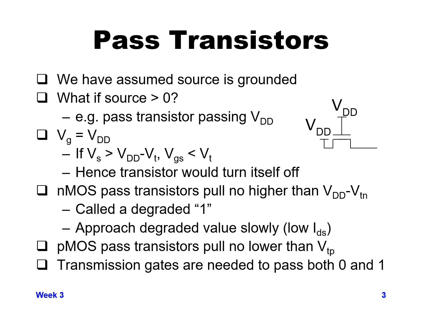And the final point is, as we approach that VDD minus VT value, it approaches that value slower and slower, because as it gets closer and closer, the drain-to-source current slows down significantly according to the square law. So we wind up with a degraded 1, and we also get there fairly slowly.